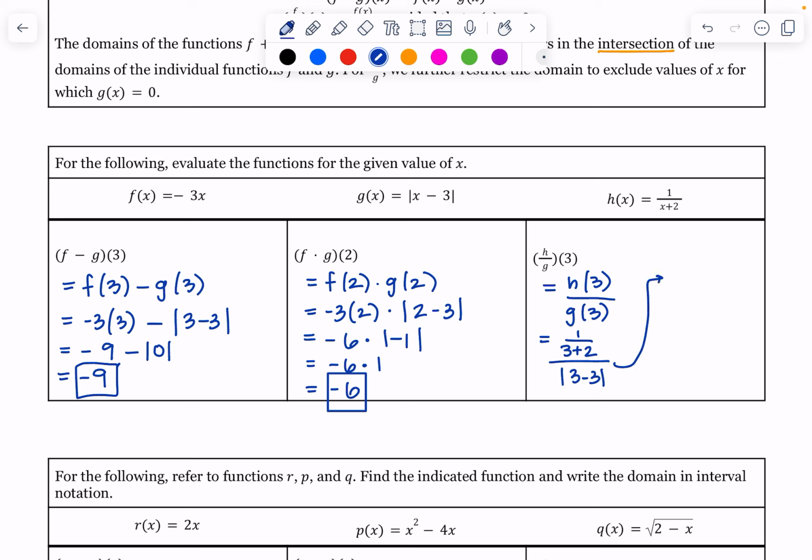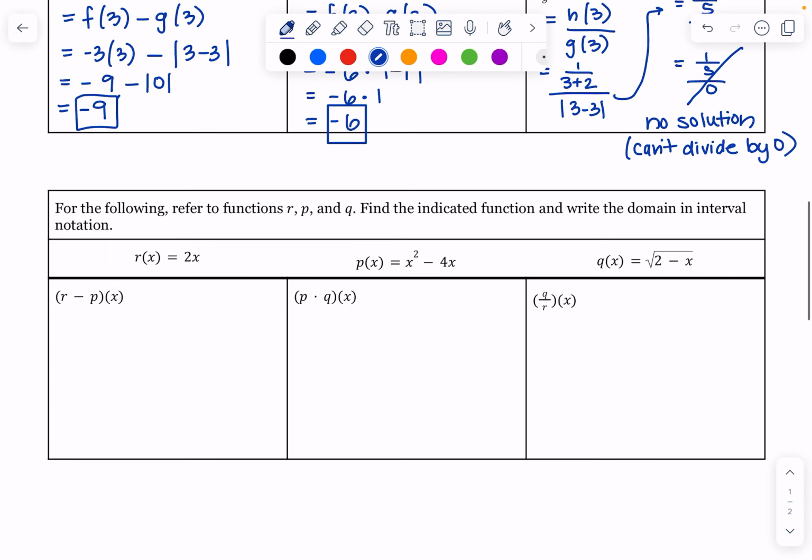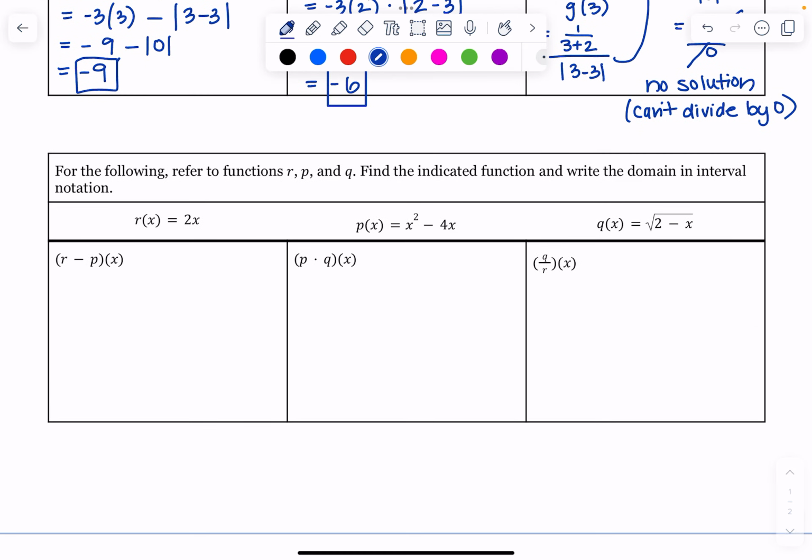And when we try to reduce this, we're going to have 1/5 all over the absolute value of 0, and that's going to be 1/5 over 0, which you can't divide by 0. So this one would have no solution. And in parentheses, it'll say can't divide by 0.